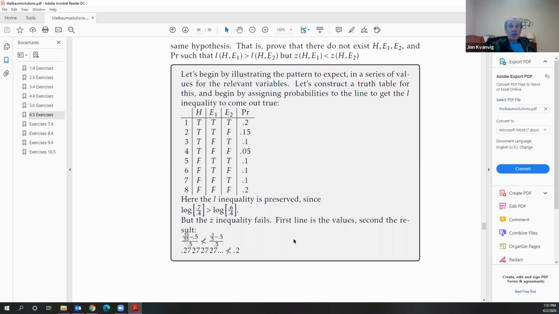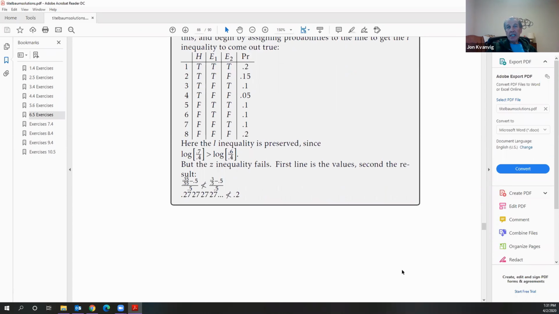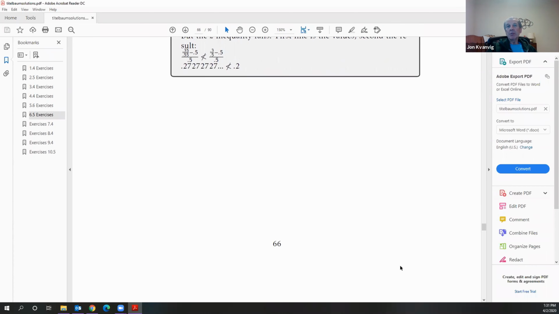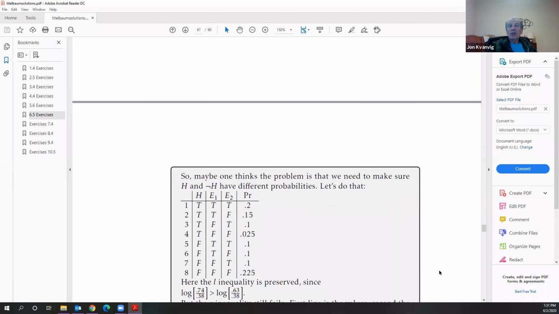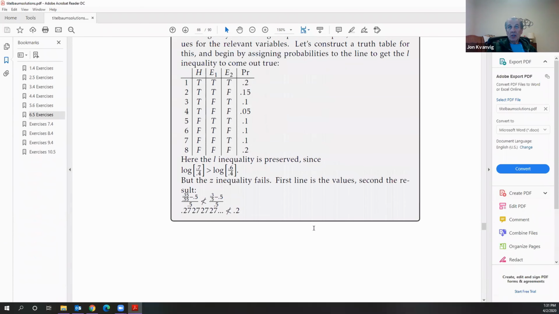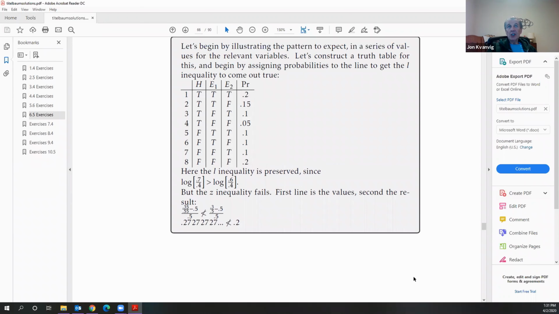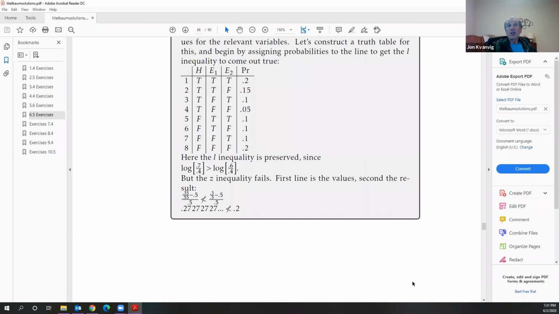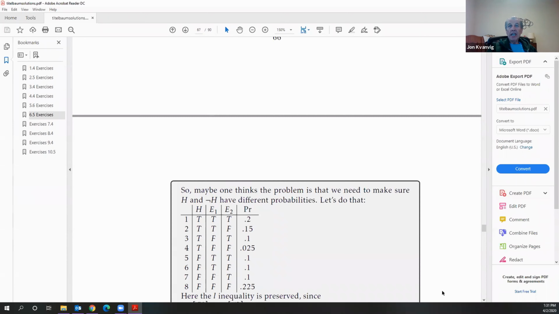All right, so you're thinking, or I was thinking, let's see if we can change the assignment of values to the fourth column and try to give a counterexample to the claim we're trying to prove. So you can compare, if you wish, the probability distribution up here with down here.